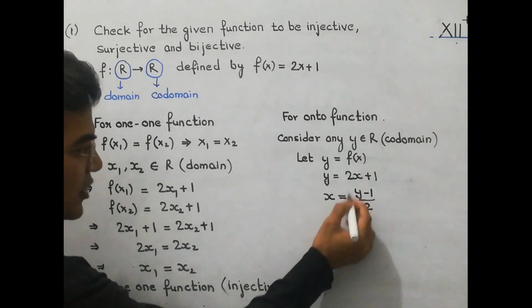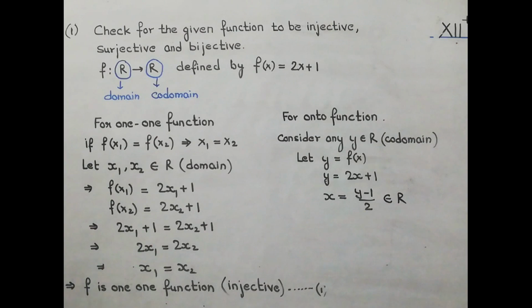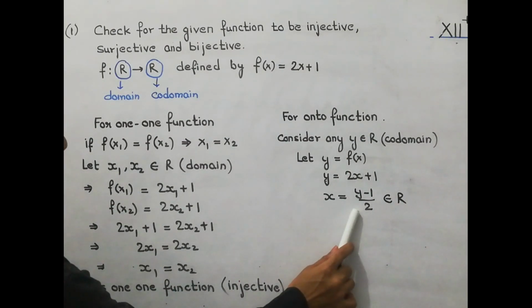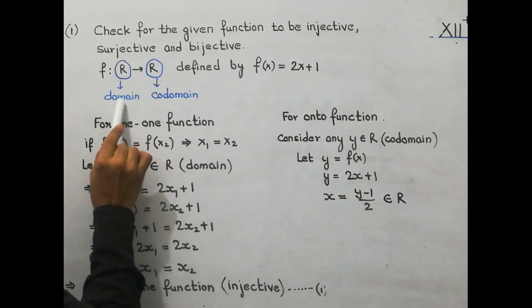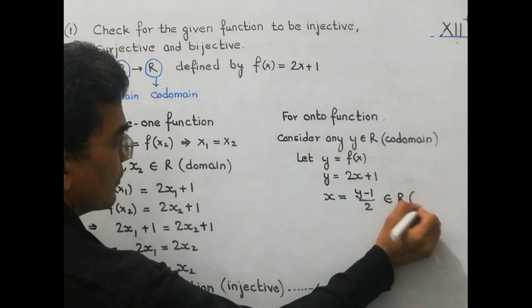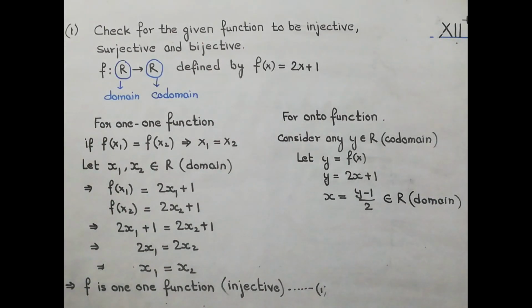So you can say that this pre-image also belongs to R. Hope this point is clear. So x will also give you a real value. That means this pre-image is belonging to R, so we can say that this pre-image is belonging to the domain. Hope this point is clear.